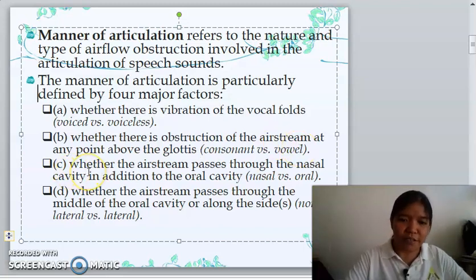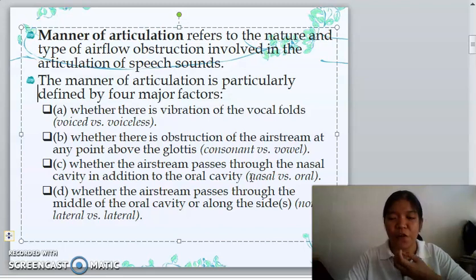Third one is whether the airstream passes through the nasal cavity in addition to the oral cavity. There are some words or sounds which may be classified as nasal or oral. For example, if the sound came from the oral cavity, it's called oral sound. But when the sound came from the nasal cavity, it's called nasal sound.